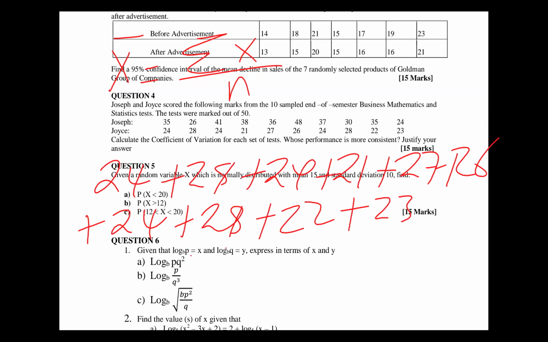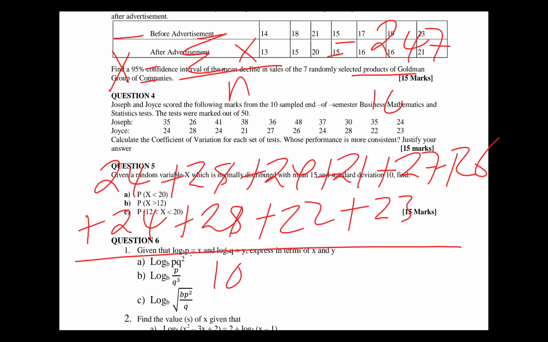You're following, eh? For Joyce, divided by 10. If you do the right thing on top, you should find 247 to be divided by 10, so that you find 24.7 as the mean.